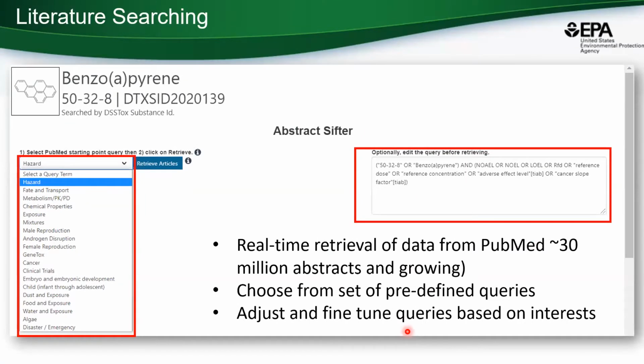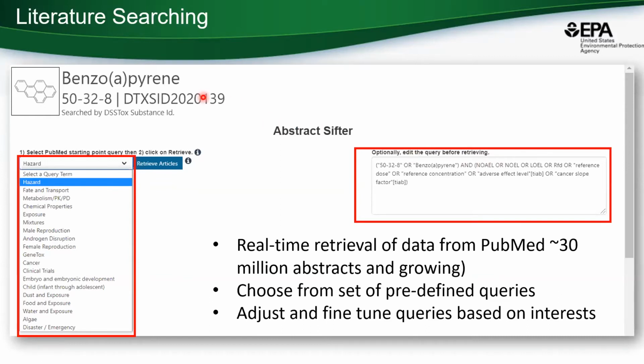In PubMed Abstract Sifter, what you can do here is take advantage of the fact that we have CAS numbers, names. We push these out to hit a web service running on PubMed. A web service is a programmatically accessible interface where we can send a query directly against that.